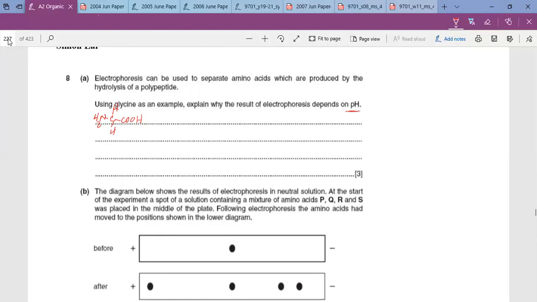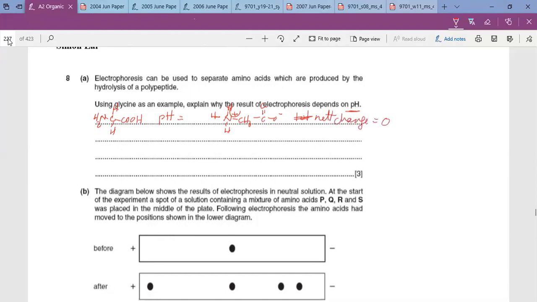So say at pH 7, what is the species? Under the ionized state, the amine is positive and the COO minus is negative, so the net charge is what?